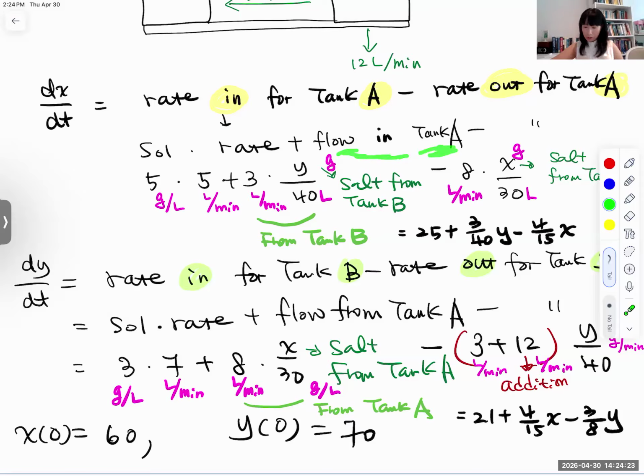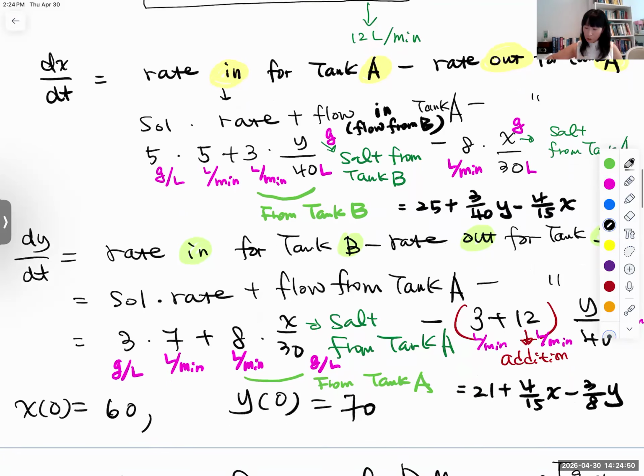Since we have overflow in tank A, that's fine too, right? So the flow from tank B in that case. Flow from tank B. So let me write down just B2.